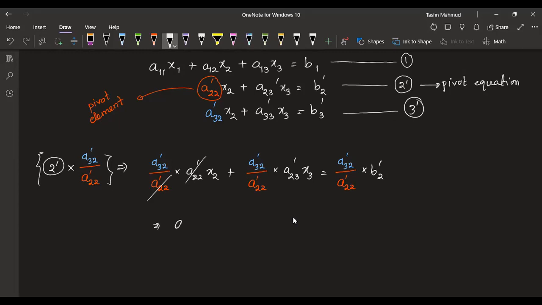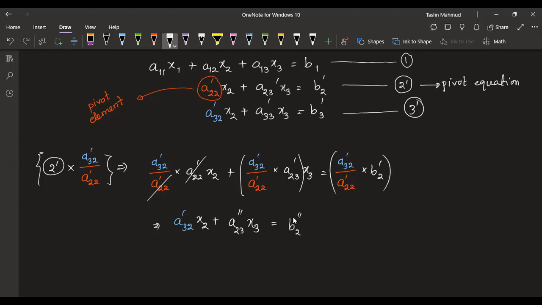It's not a difficult thing we are doing here. A32 prime x2 plus, let's consider this coefficient as a23 double prime, so a23 double prime x3 would be equal to, let's consider this coefficient as b2 double prime.